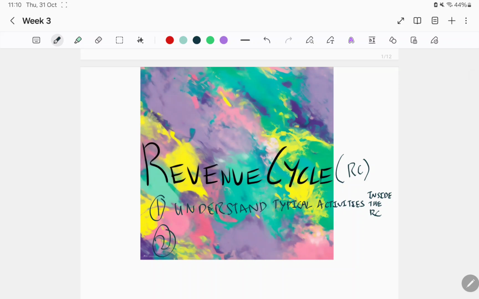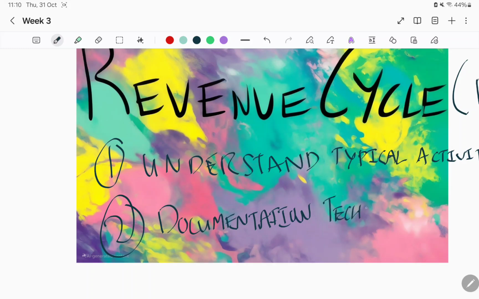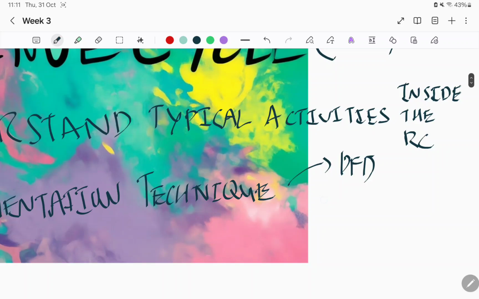And second is to go through the case study, to understand the documentation technique on the DFD. The DFD is the data flow diagram.